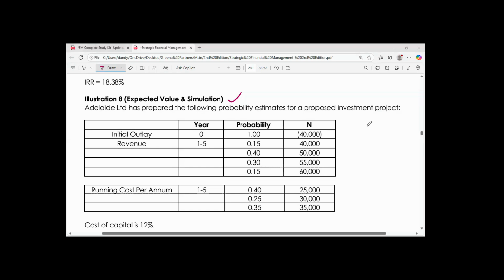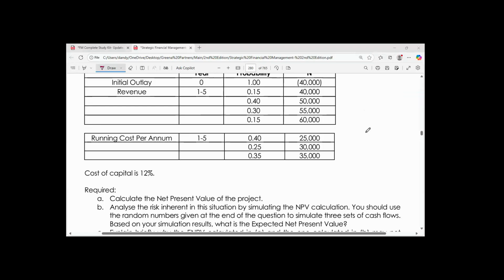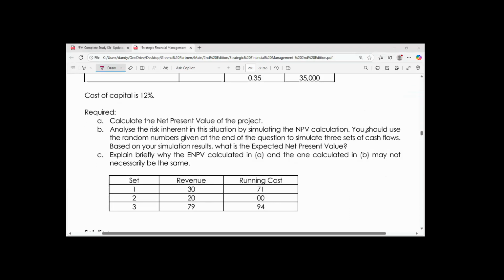Adelaide Limited has prepared the following probability estimate for a proposed investment project. All figures in the table are assumed to be correct. Cost of capital is 12%. Required: A. Calculate the net present value of the project. B. Analyze the risks inherent in this situation by simulating the NPV calculation.